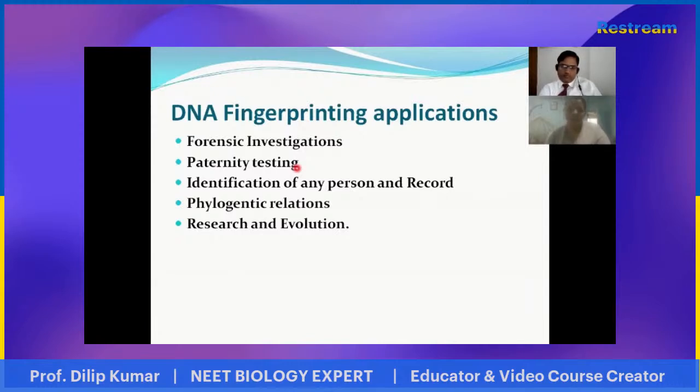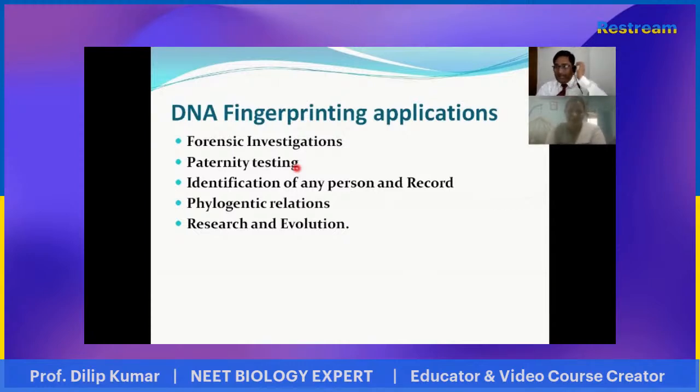Third important one, identification of persons and records. If you want to keep a record, like in the army, like in the police records, like in the medical department. Several times what happens, cases occur in crimes during wars, during police crimes. So these departments started to keep records of their soldiers and their staff on the basis of DNA fingerprinting.